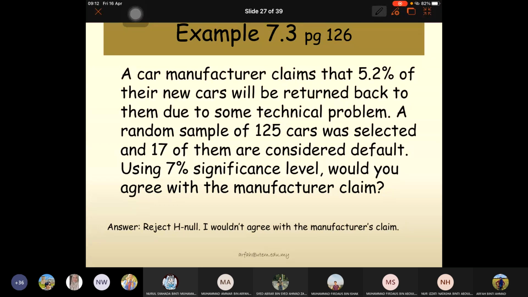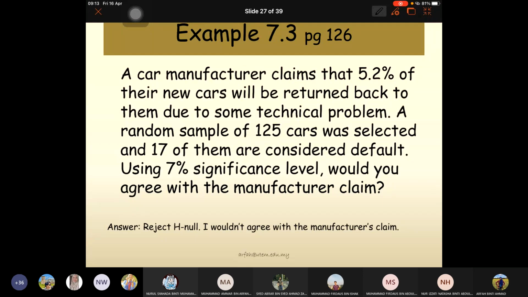So satu pengilang, dia kata 5.2% daripada kereta yang dia produce akan dipulang balik. Okay, disebabkan oleh masalah teknikal. Dia betik ni. So dipulang balik untuk ni lah, troubleshooting the technical problem. Okay. So dia betul ke tak claim dia tu 5.2%.